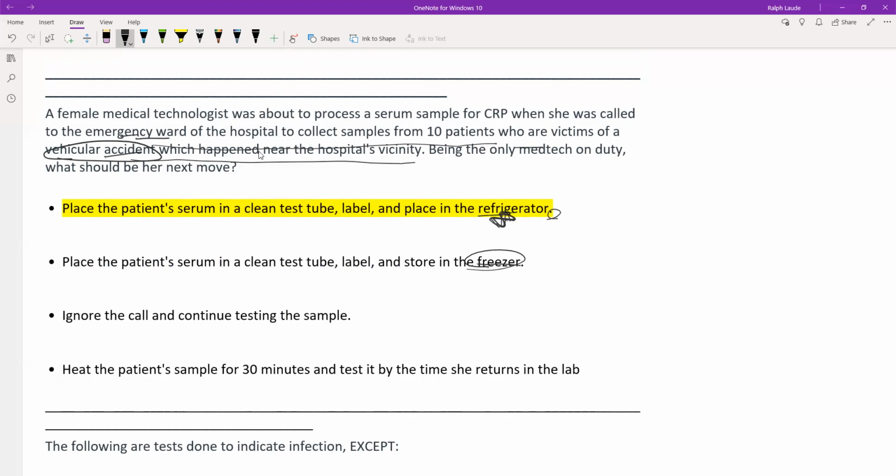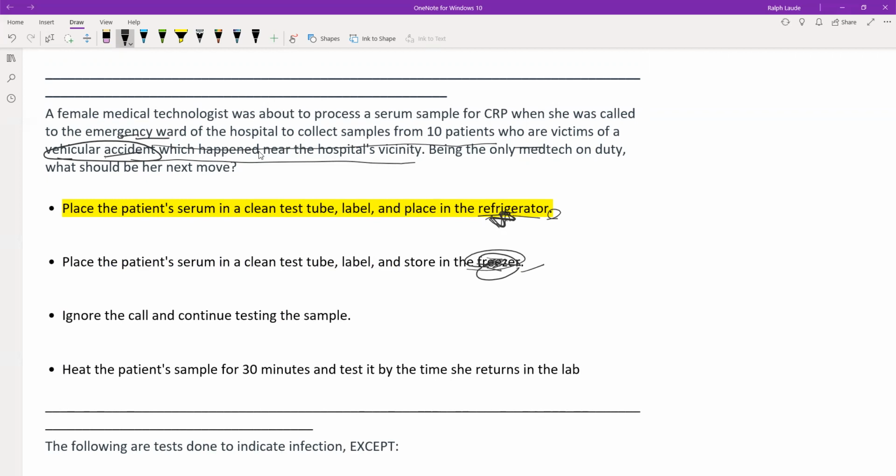Pero pag naka-freeze na kasi and then you are going to thaw it to room temperature, hindi na siya pwede refreeze. So, dili na siya pwede magamit. So, best is refrigeration lang. Pero kung more than 24 hours na yun, it has to be frozen. Kasi hindi rin okay na magstay siya for more than 24 hours at the ref. There could be changes. Mas ma-preserve kasi pag naka-freeze.